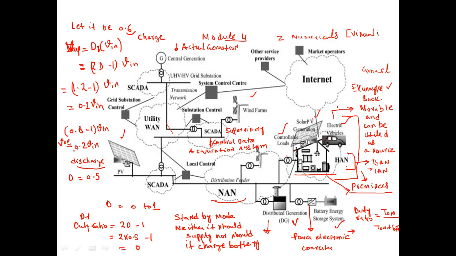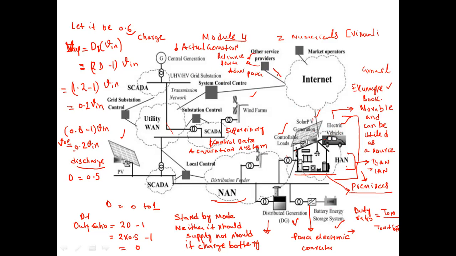Once these things are happening, you have to see that there are some other local providers also, like Reliance Power, like Adani Power. These are other providers which are also providing power.